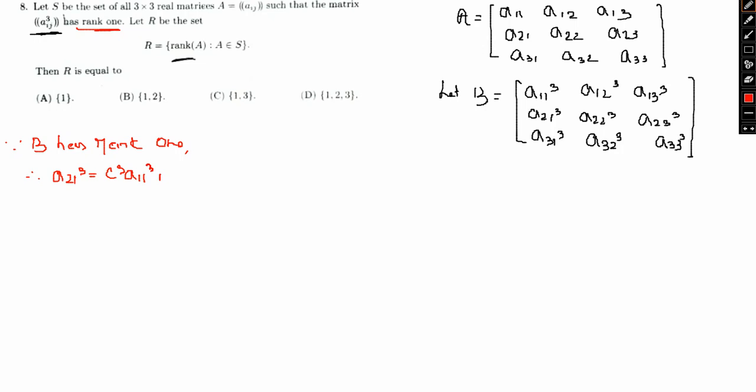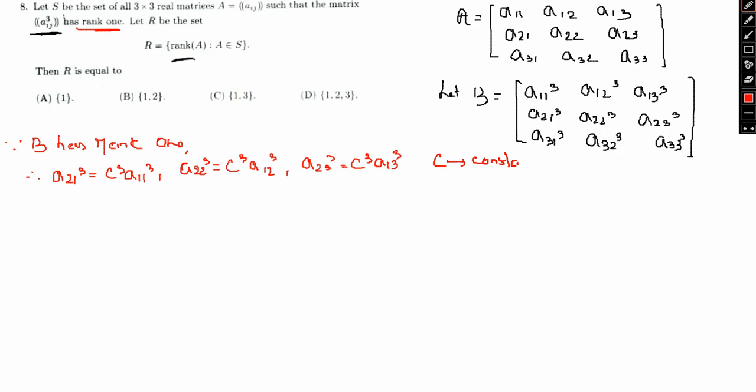Similarly, A22 cube can be written as C cube times A12 cube, and A23 cube equal to C cube times A13 cube. Here C is nothing but a constant.